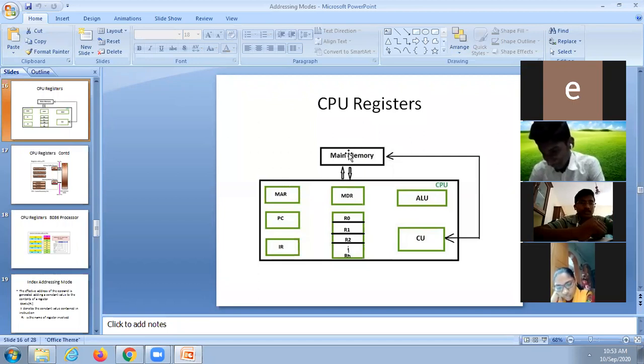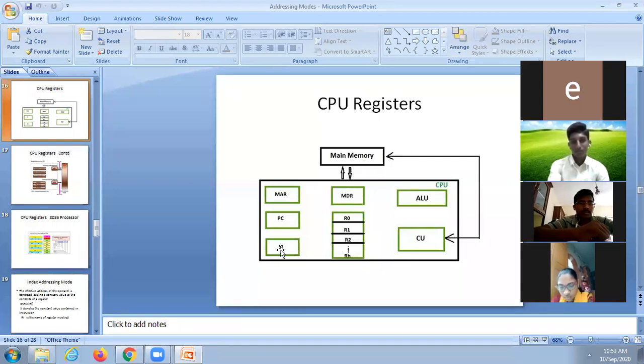Then that instruction is copied into MDR, and that is copied again into the instruction register. Because it is an instruction, it is stored in the instruction register. Once the instruction register gets the instruction, it is decoded by the control unit.